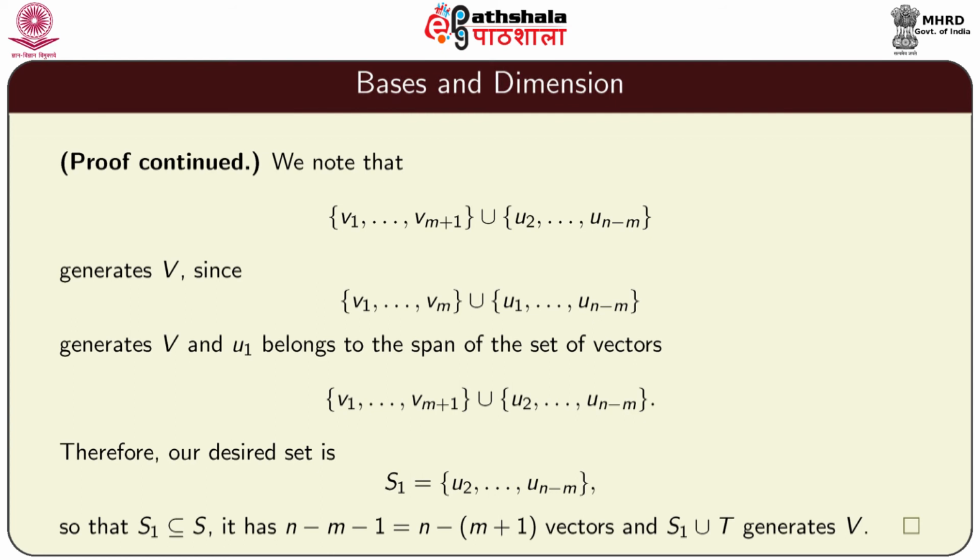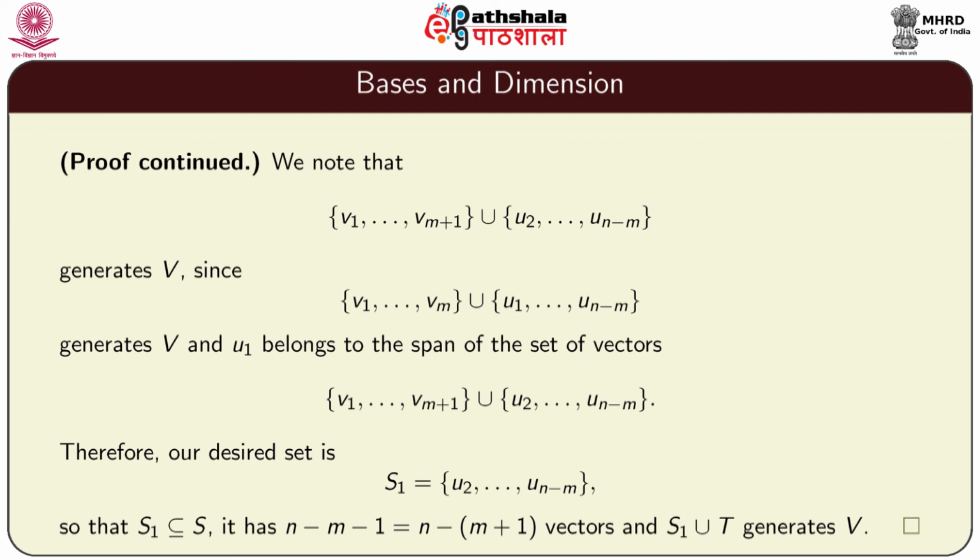Why is that so? Because V1 to Vm union U1 to Un minus m generates V, and U1 belongs to the span of the vectors V1 to Vm plus 1 union U2 to Un minus m. Therefore, the set that we are looking for is nothing but S1, which is the set consisting of U2, U3 and so on Un minus m.